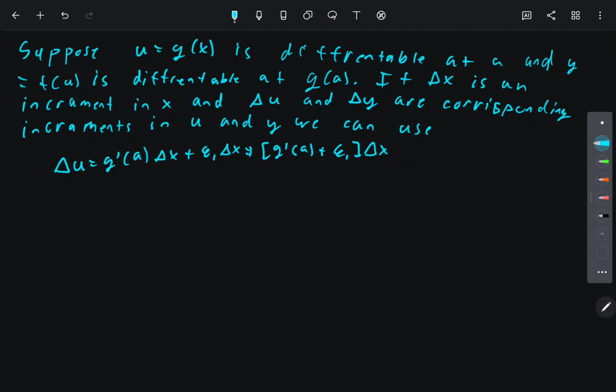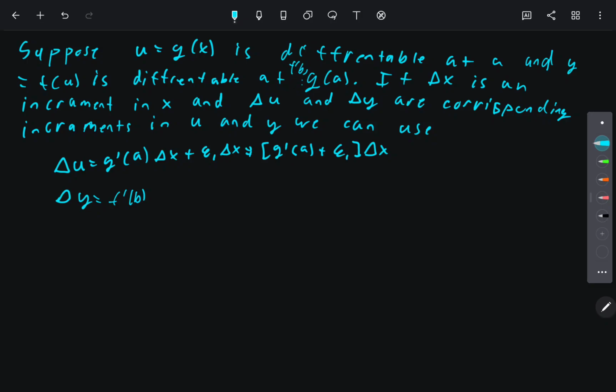So then, our change in y. Next, we're going to say that change in y is equal to our f prime of b, which is really this f prime of a. This g and the f are going to be the same.